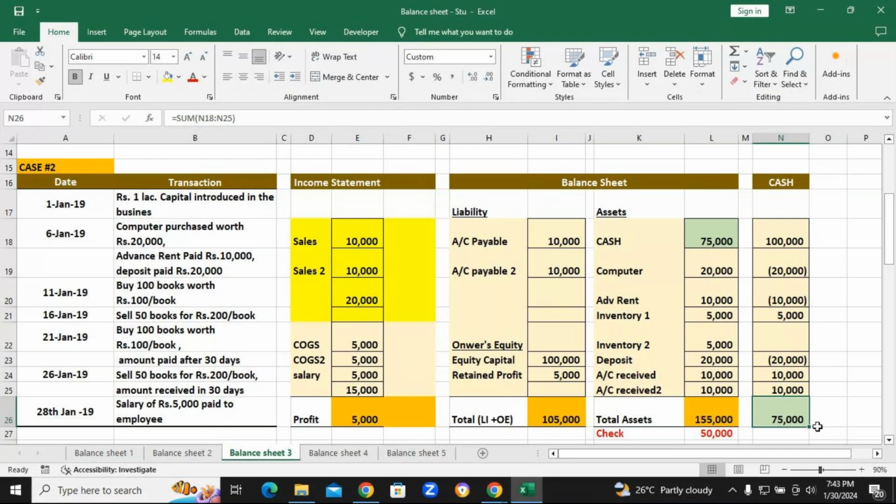So in this, one amount we have received and one amount we are yet to receive. L24, one amount we are yet to receive. One amount we have received. So this one also in negative, and inventory 1. So the cost we have incurred is minus. So there is something going wrong somewhere.